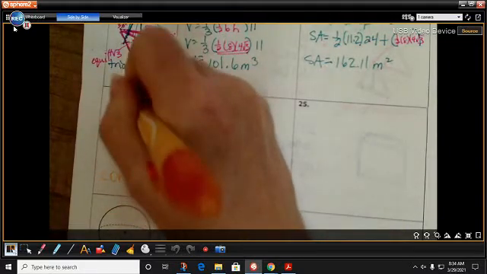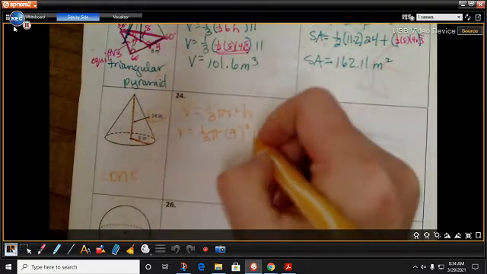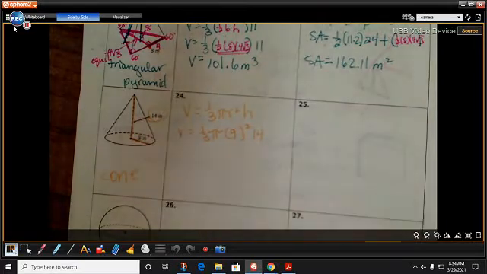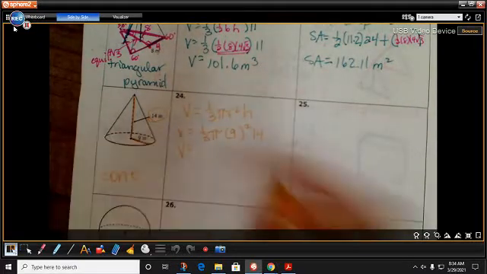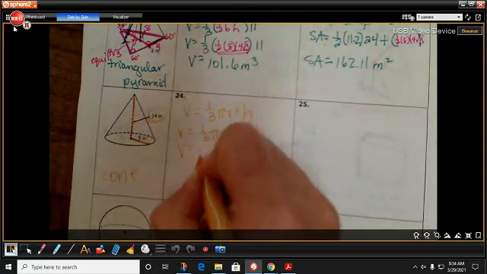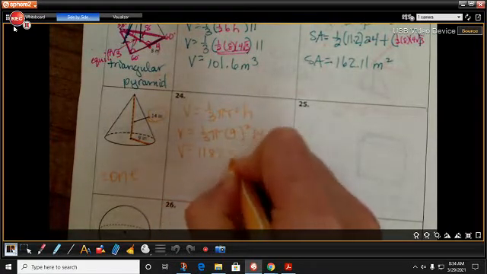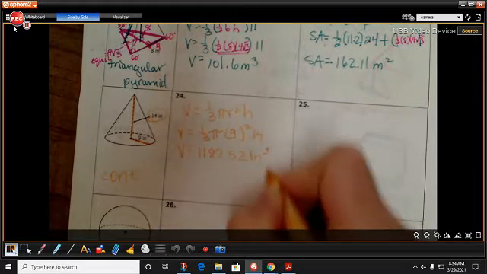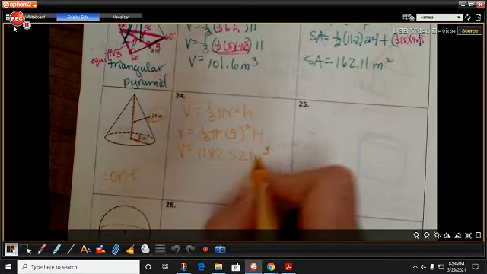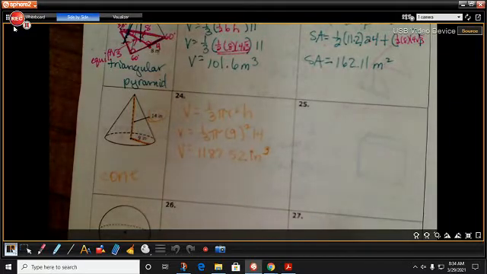And then the height of my cone is 14 inches. So conveniently, I gave you both of those numbers. And so now I can just drop that into my formula, and it comes out to be 1,187.52, and that will be in cubic inches, that's a 3, since I am doing volume.